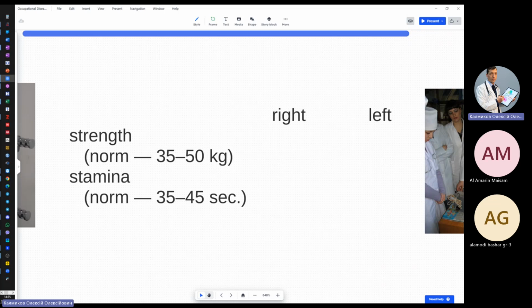And then ask him to contract up to half of maximal strength and keep it as long as possible. It's enough for us if he keeps it contracted for 45 seconds because it's the norm.